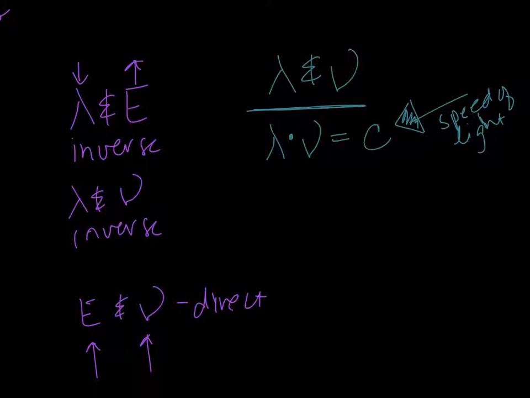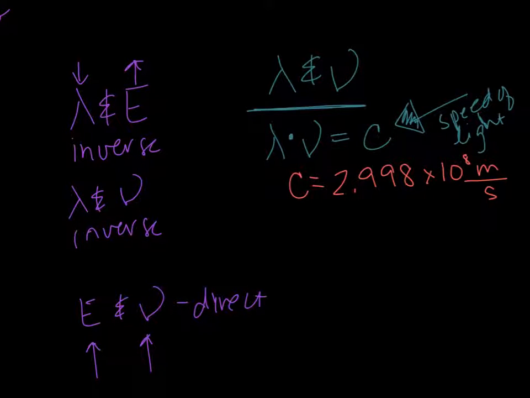And all electromagnetic radiation travels at the speed of light. So it's all traveling at this speed. And its value is 2.998 times 10 to the 8th meters per second. All right, and so the next relationship that I want to talk about is the one between energy and frequency.